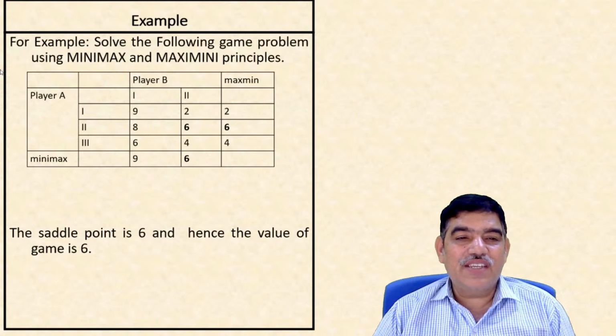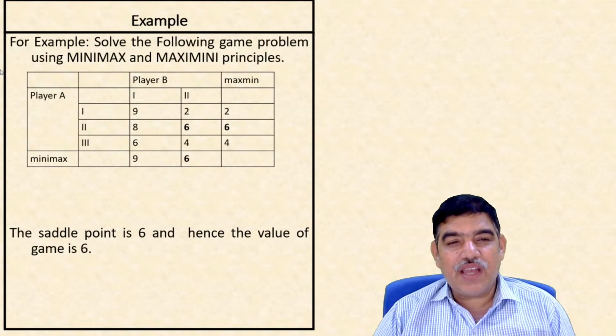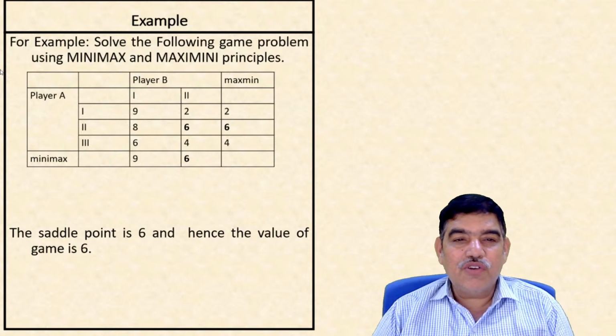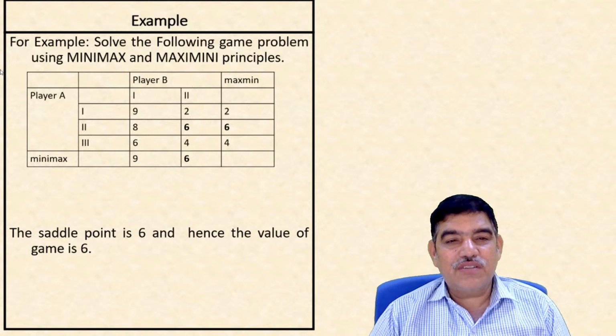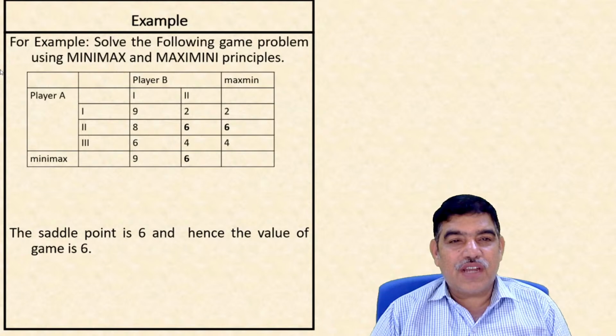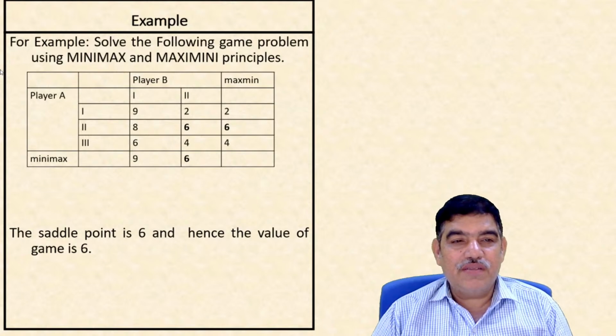So 9, 8, 6. 9 is the higher number. So I mentioned here 9. For strategy 2, 2, 6, 4. So 6 is the higher number. So I mentioned here 6, for strategy 2 of player B.